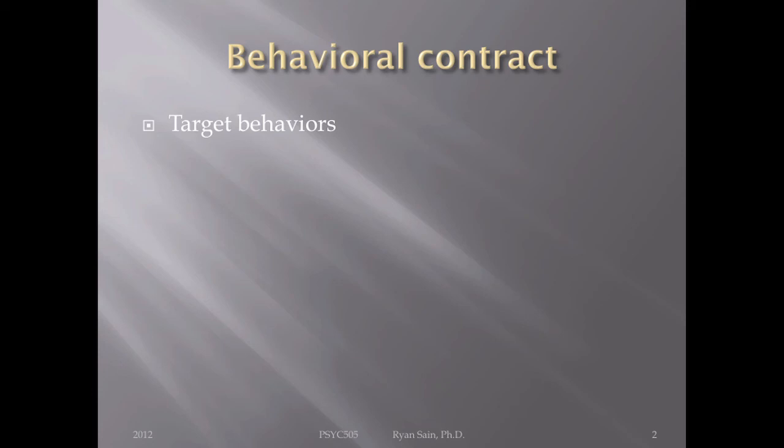Now, importantly, I should note that there's quite a bit of research behind adding a behavioral contract and whether or not that actually improves the likelihood that you're going to be successful in your change plan, whatever that change plan may be. This may be something you're doing for yourself, or with others, or maybe you're getting a behavioral contract together with a student.